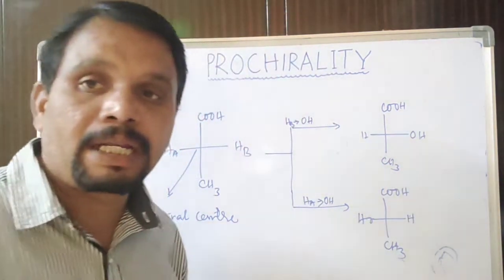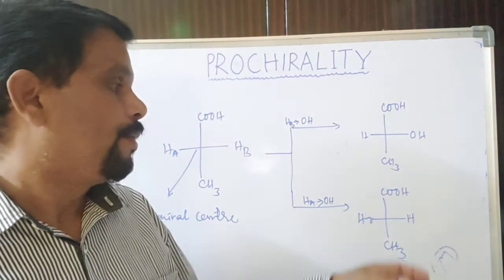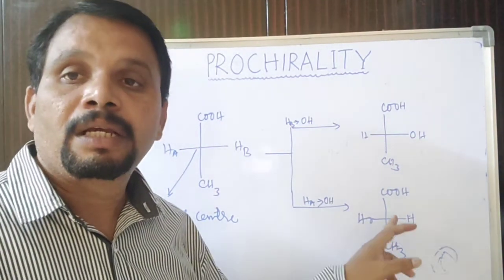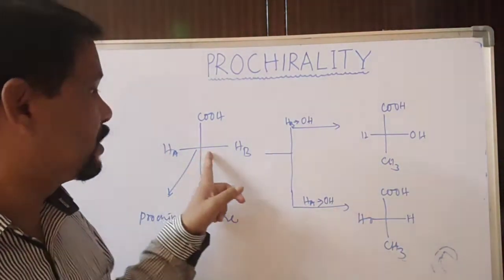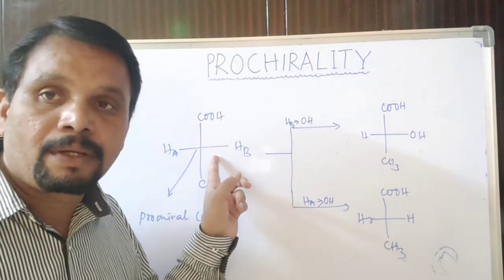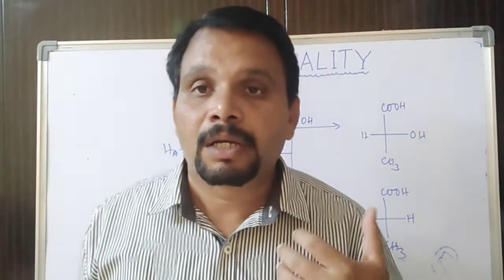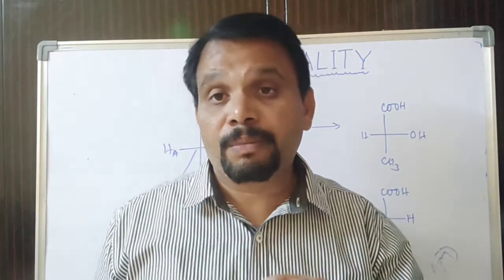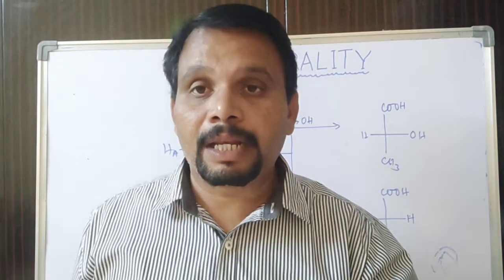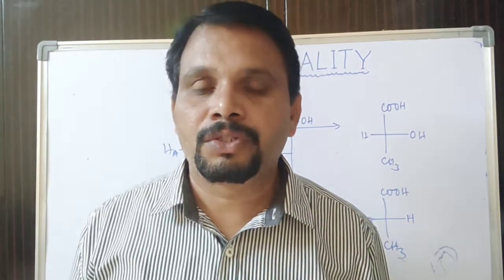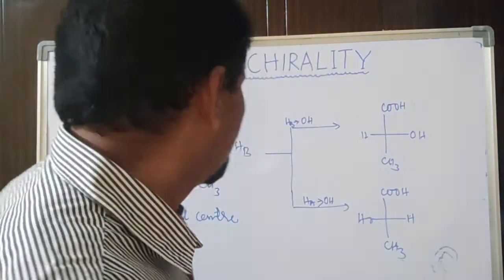These two are chiral stereoisomers, and these centers can be considered as chiral centers, whereas this center is considered as a prochiral center. Okay, so that is about chiral centers and prochiral centers. That is about prochirality, chirality, and chiral. All this terminology is very important to understand.